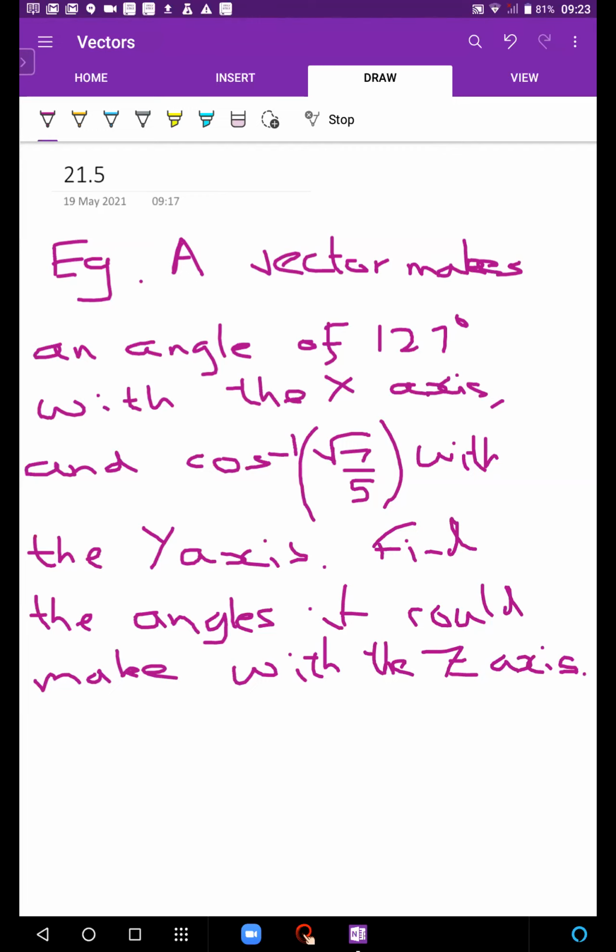Two answers are possible. Yes, that's right.